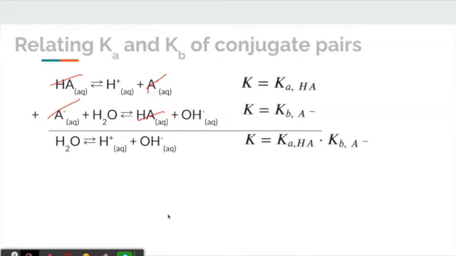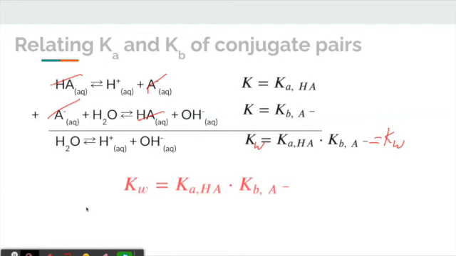So that's the product of Ka for the acid times Kb for the base. But we also know that this is equal to Kw, because that is the value of K, that is the name for the K for this reaction, Kw.